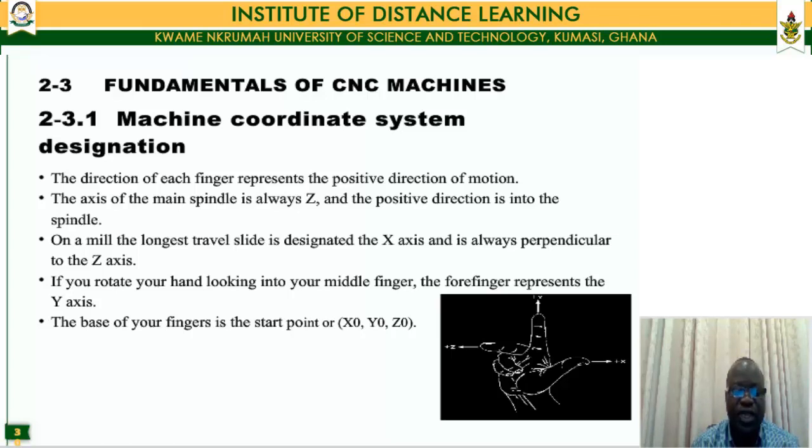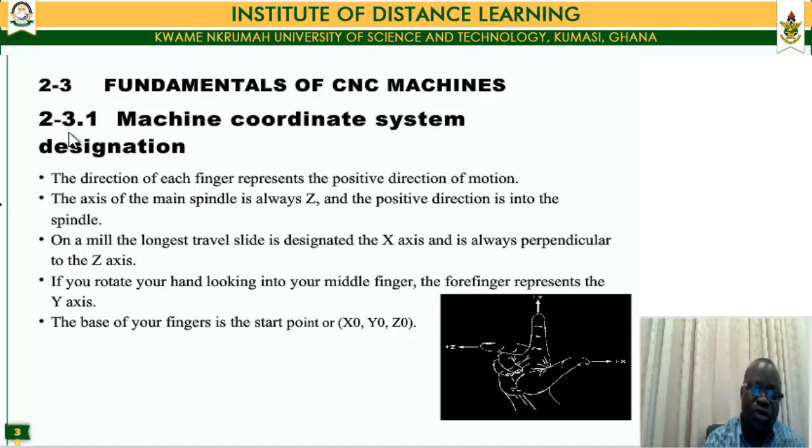For instance, if you take the CNC lathe machine, it positions the z-axis on the spindle axis, and then the x-axis is on the machine tool axis.